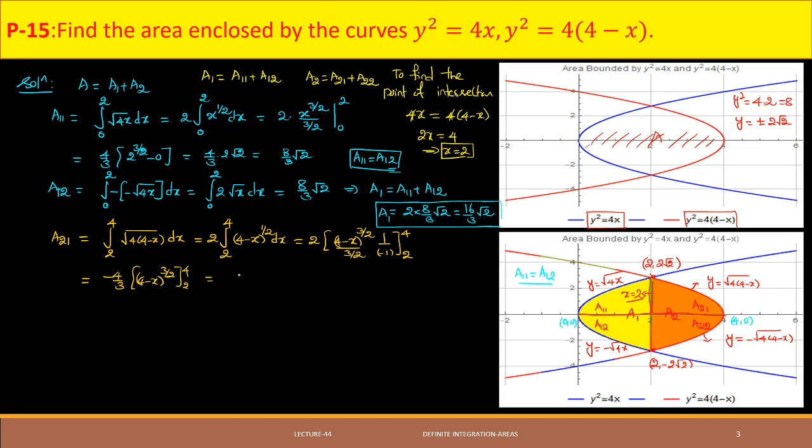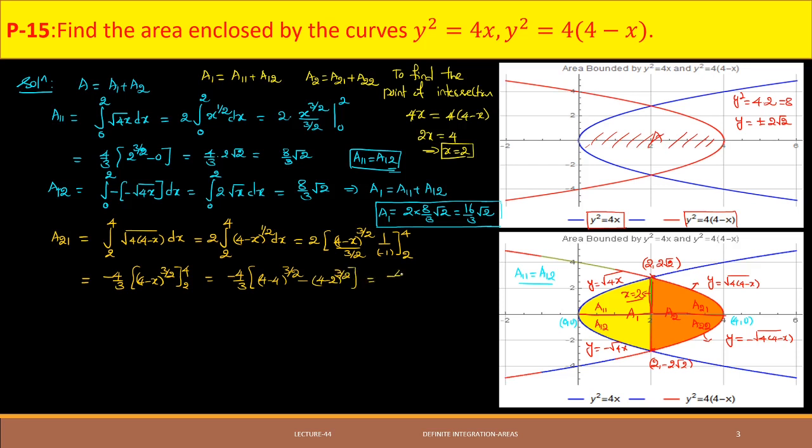If I substitute the upper limit, I will be getting 4 minus 4 whole to the power 3 by 2 minus, I substitute the lower limit, 4 minus 2 whole to the power 3 by 2.